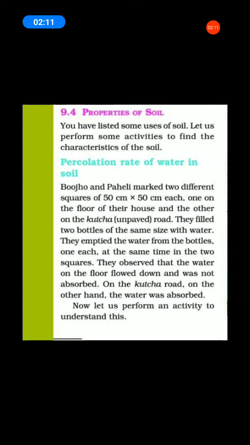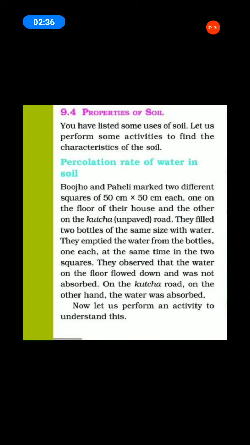sandy soil? The soil that contains a greater proportion of big particles is called sandy soil. Sandy soil means big particles. Okay, next, clay soil. What is the difference between sandy soil, clay soil and loamy soil? Sandy soil contains big particles.